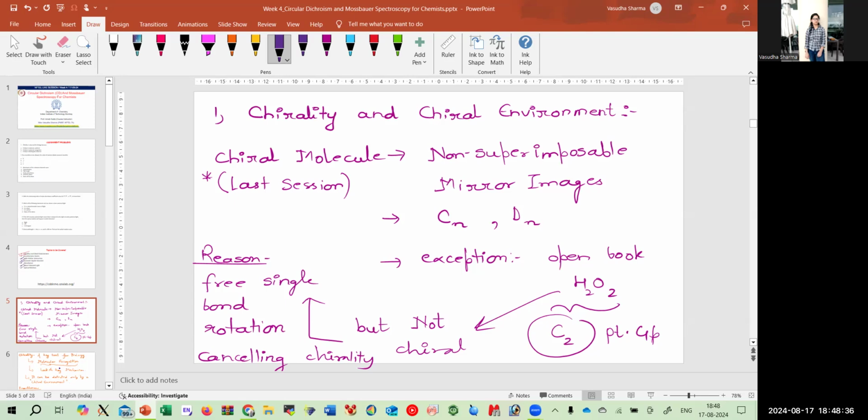An exception we have read is the open book structure of H2O. It has a C2 point group, which belongs to the chiral point groups, but since it has free single bond rotation, it cancels out the chirality. Therefore, it does not have chirality, even though it belongs to a chiral point group.